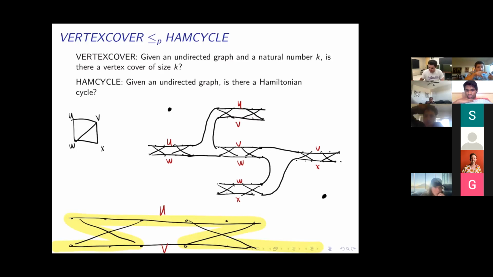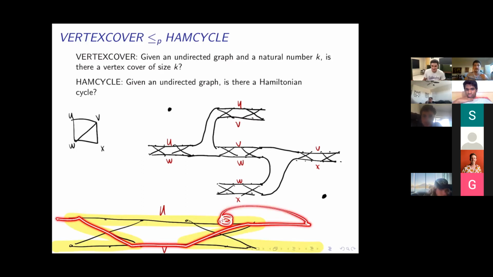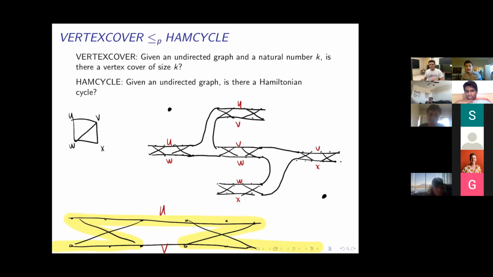In particular, it can't do something like come in here, go down, go across, and then up, and then out. Because if I do that, how do I get to, for example, this node? You're not going to be able to. So those three options are the only possible ways for a Hamiltonian cycle to traverse each one of these edge gadgets.